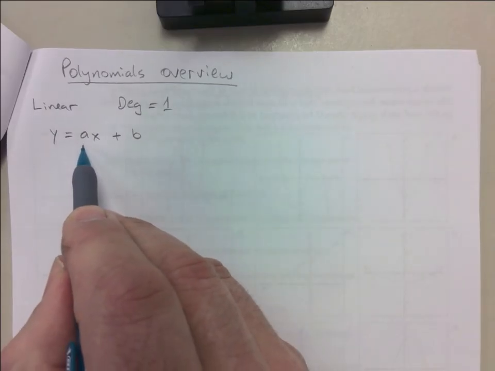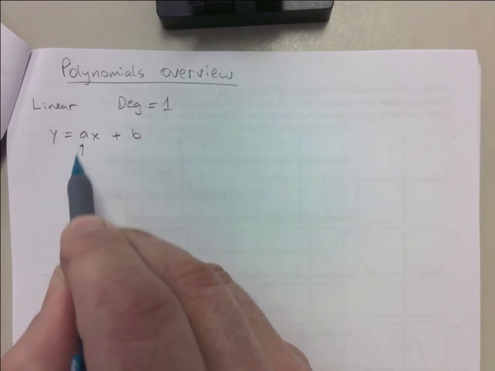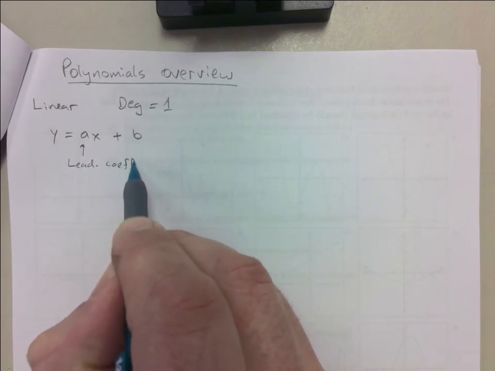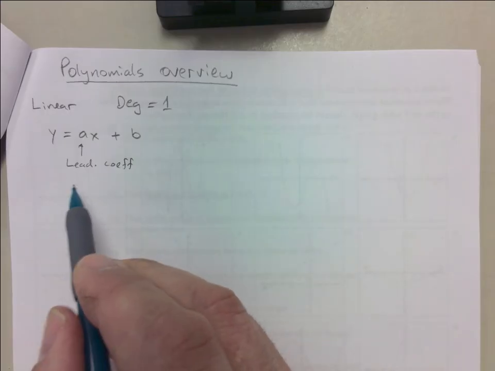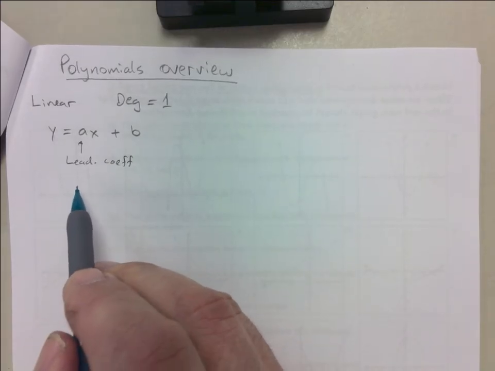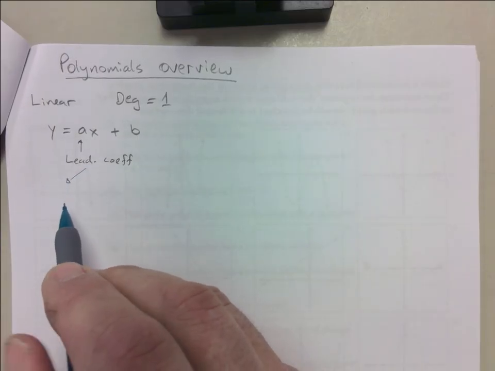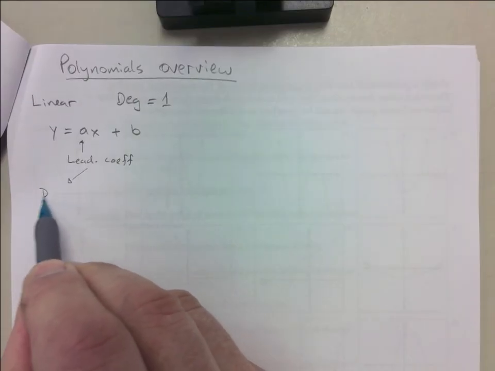And this is called the leading coefficient. And it tells us two things. Direction.